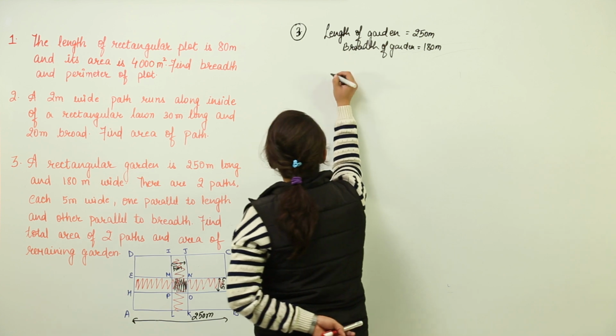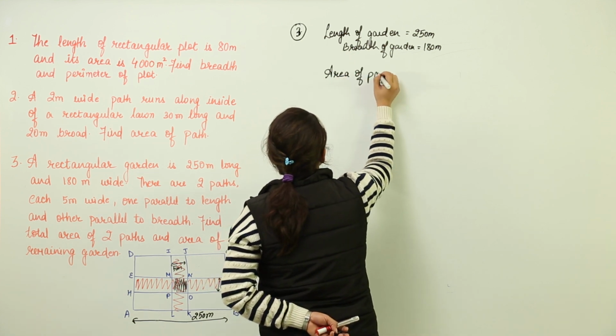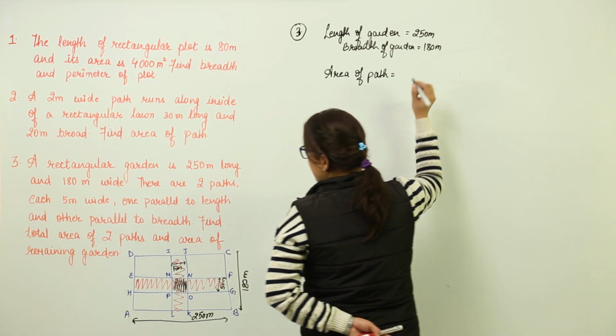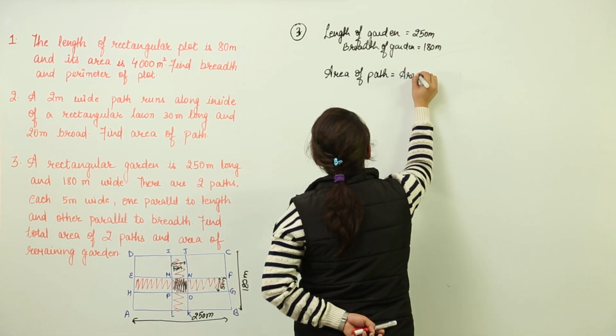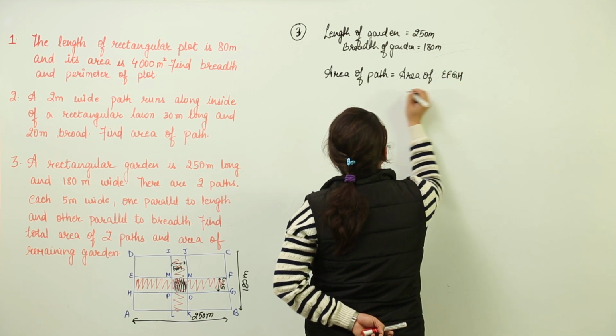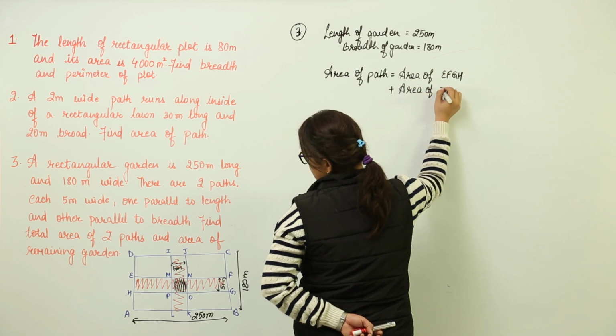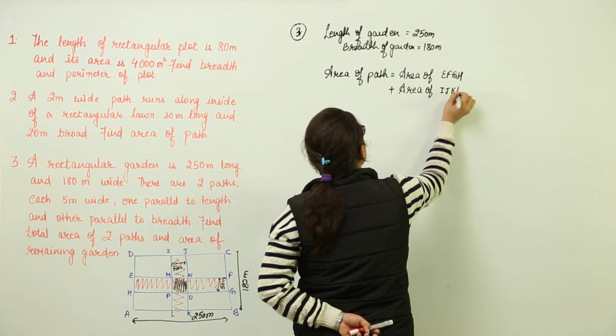That means to find out the area of path, the steps are that you will be adding the area of the rectangle EFGH. You will be adding the area of the other rectangle, that is IJKL.